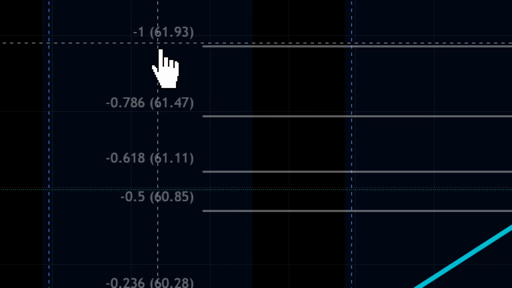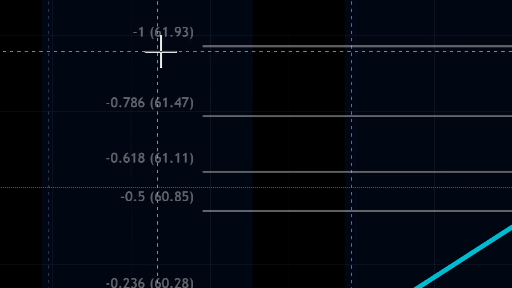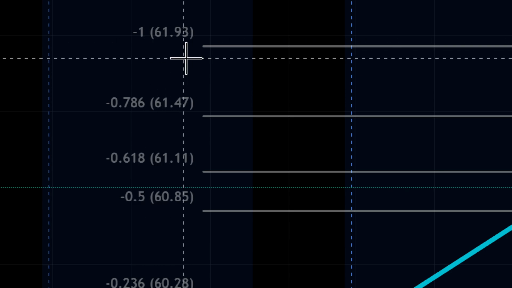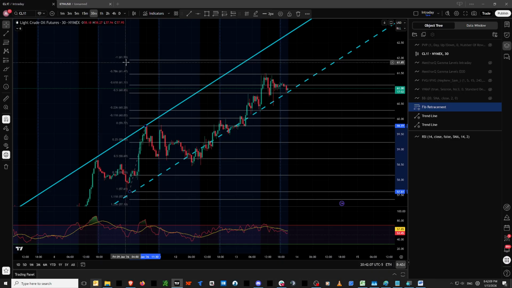If I were going long here, I wouldn't set it at 61.93. I'd set it at 61.91 or 61.92 if you want a greater chance of getting your take profit hit.